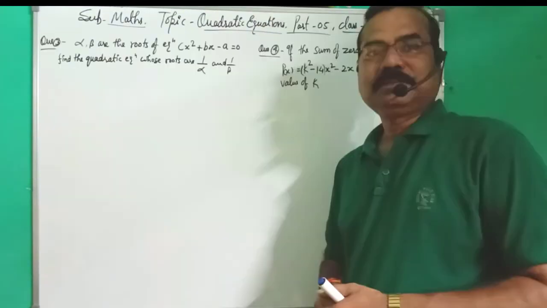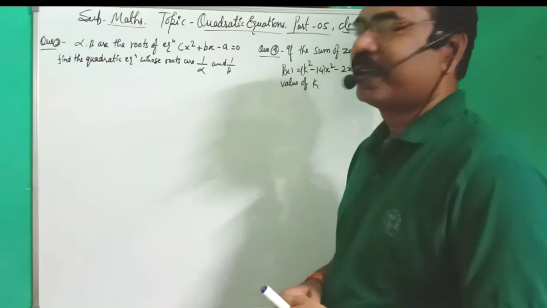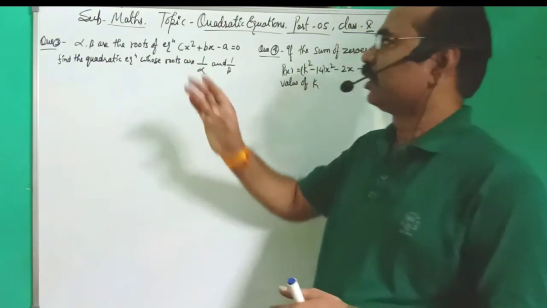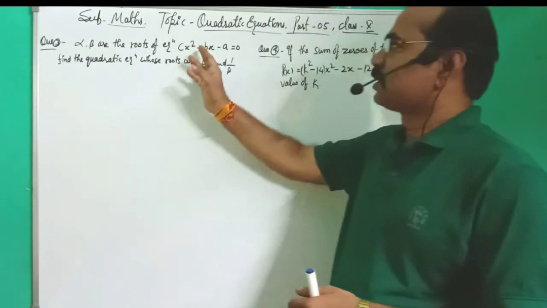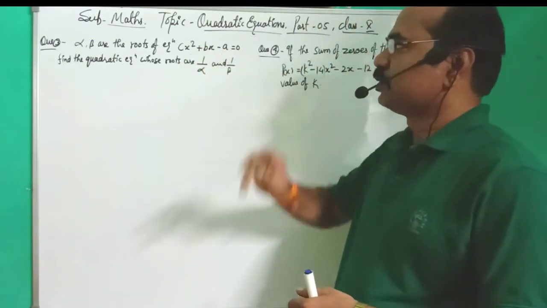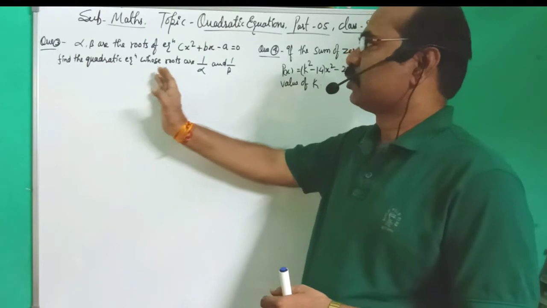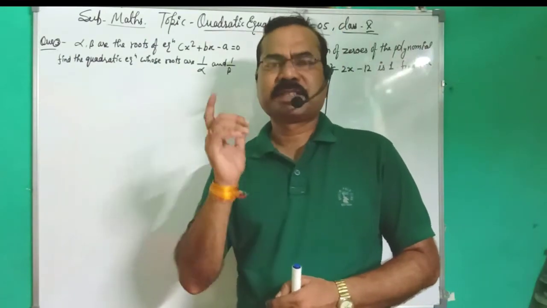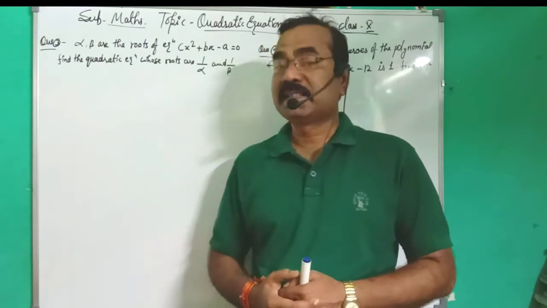Okay students, now we take another question. The question is: alpha and beta are the roots of the equation cx square plus bx minus a is equal to 0. Find the quadratic equation whose roots are 1 upon alpha and 1 upon beta. This question is different from the other question. Why is it different?